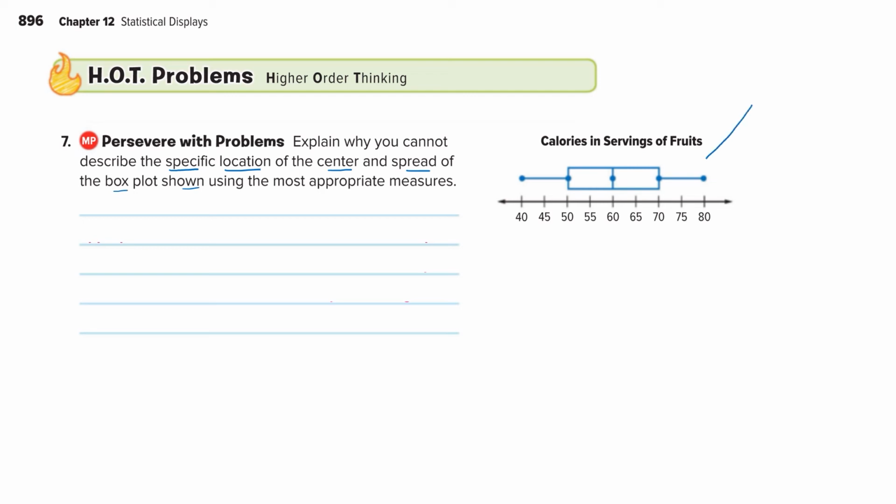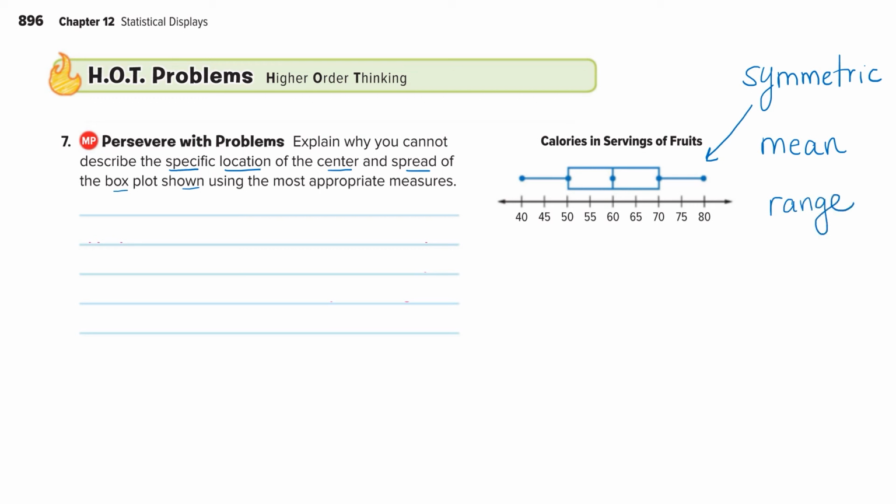Well, this graph is symmetrical, which means the best measure of center is the mean. The best measure of spread is the range.